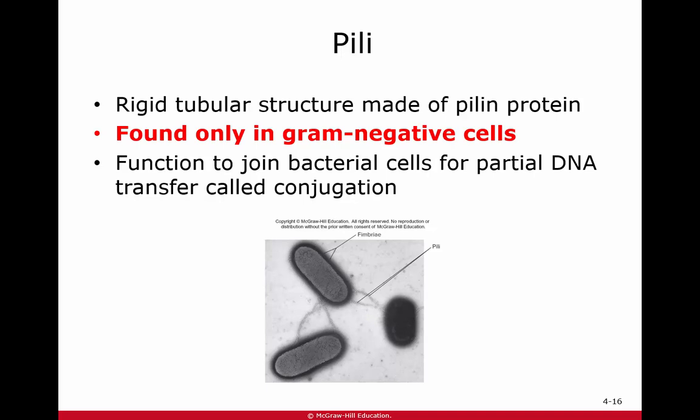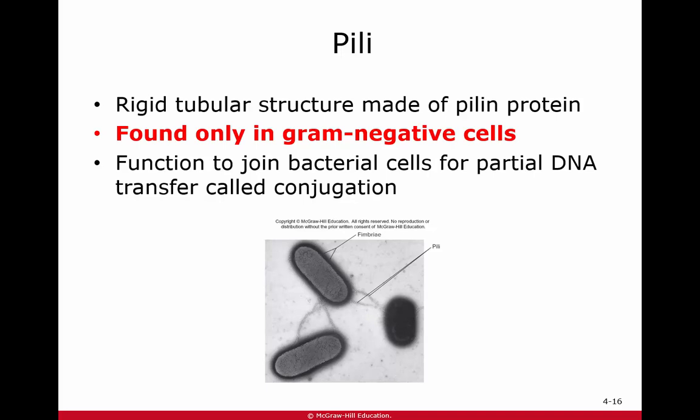We know that it functions to join bacterial cells together for this purpose of what's called conjugation, and conjugation means to conjoin, to come together. Basically one pili from one gram-negative bacteria will insert into another cell, and it will transfer a little bit of its DNA, and we'll talk about that in a lot more detail later.